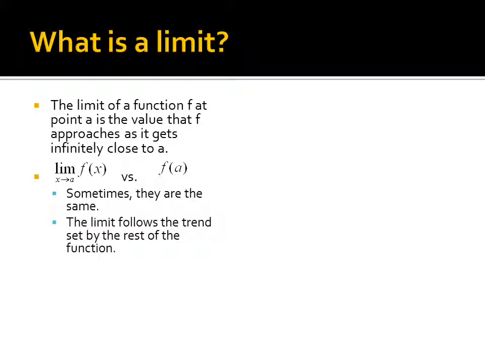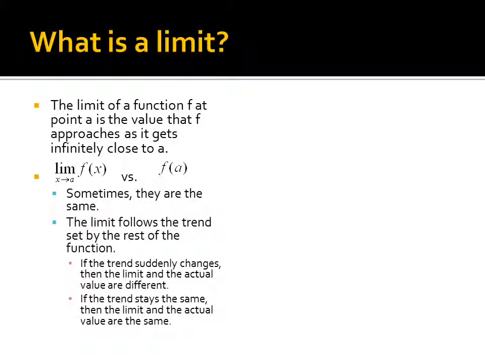So I said sometimes the limit of f of x as x approaches A is the same thing as f of A. There's a sort of general rule as to when this does and does not happen. If the trend of your function suddenly changes at point A, then the limit and the actual value are going to be different. But if the trend stays the same, then the limit and the actual value are the same.